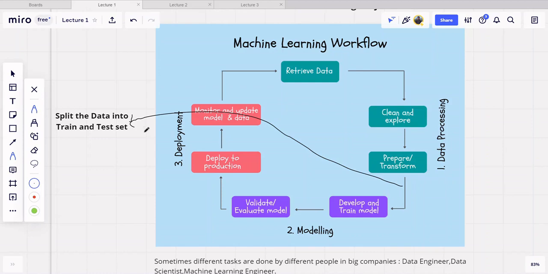Once the training is done, we'll evaluate our model on the test data to see how good the model has learned.